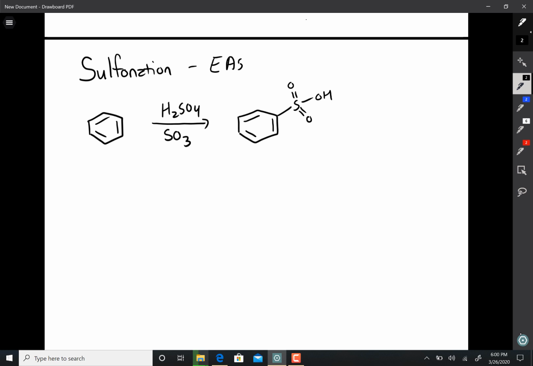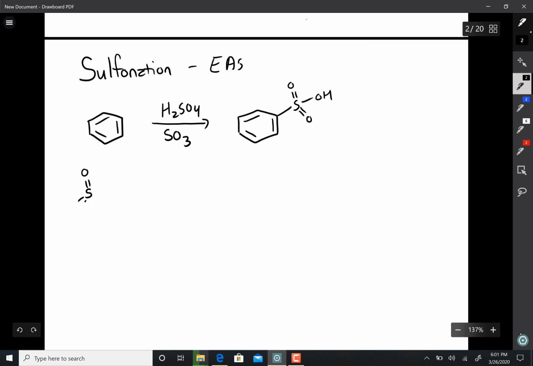Now the mechanism is very similar to all the mechanisms of electrophilic aromatic substitution. First thing you do is you create an electrophile. Then the benzene ring attacks. And then the third step is deprotonation to reform the aromatic ring.